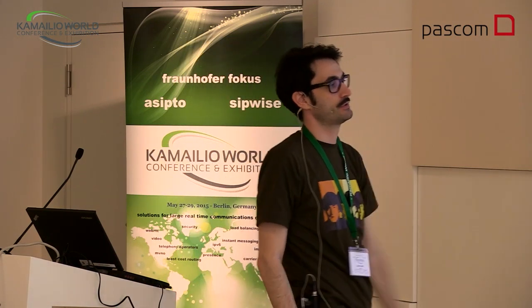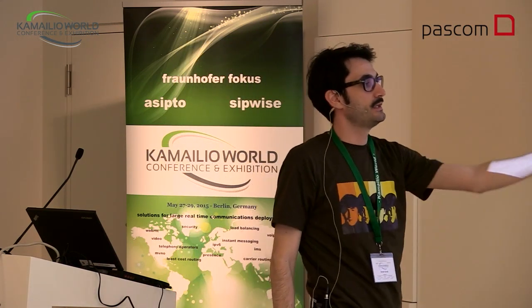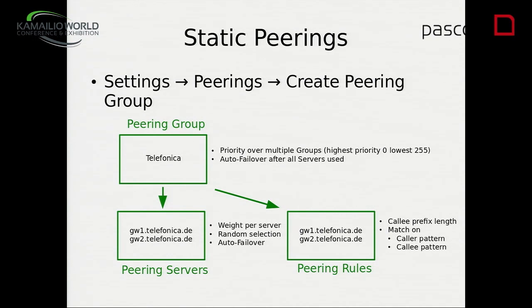And once the first trying is set, one of the peering servers configured inside the peering group will be chosen. There is a weight for the peering server you can set, but it's just a number telling you the probability that that peer can be chosen against the other one.